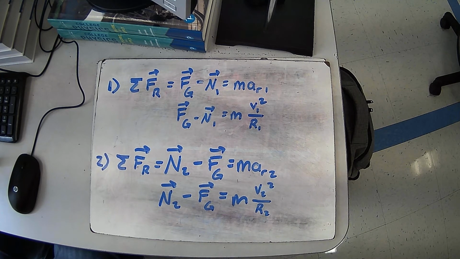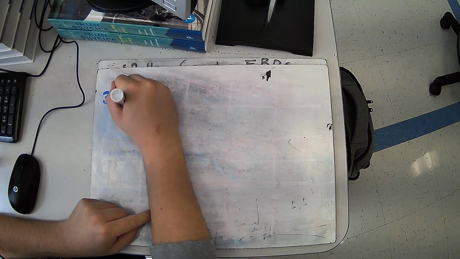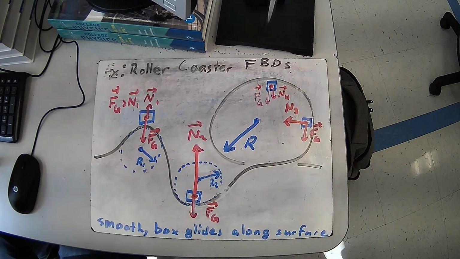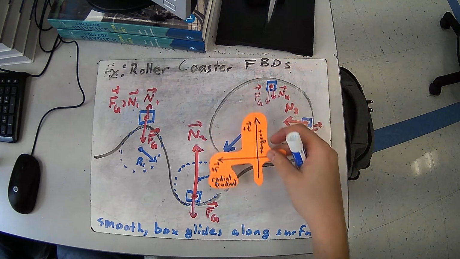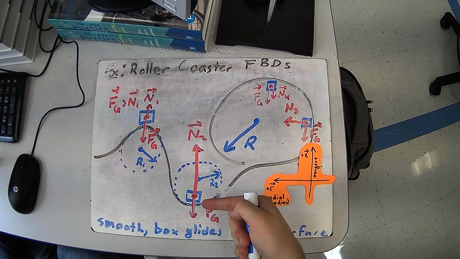All right, let's look now at number 3. Number 3, we're going to add up the forces in the radial direction. And let's see, the radial direction toward the center here is left. So I'm going to choose this reference frame where the in direction is to the left.